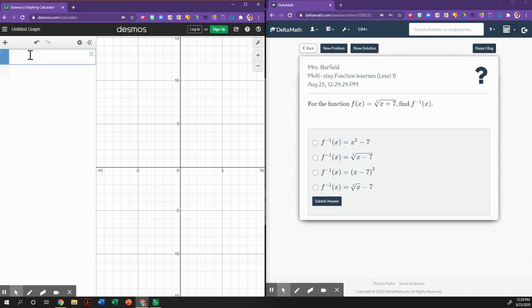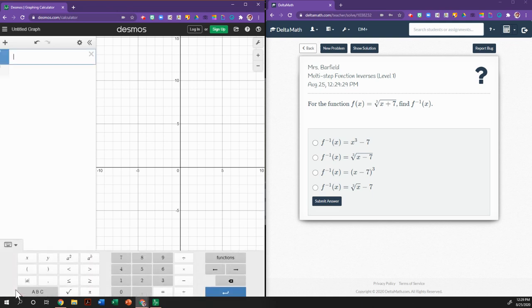You're going to type in the original problem. So let's talk about how we type something in that has this cube root and then x plus 7. So you're going to pull up your keyboard. You can't use the square root because that would have a 2. So you go over here to functions, go over to miscellaneous, and it's right here where it says n and then square root.